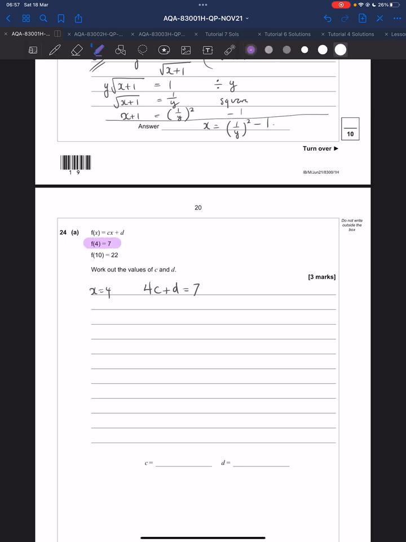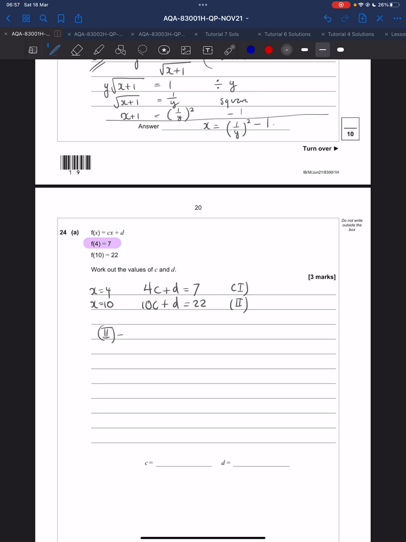If we substitute x in here, we get c times 4, which I've written as 4c, plus d equals 7. We'll do the same with the 10. We've got 10c plus d is 22. Call that equation 1 and that equation 2.